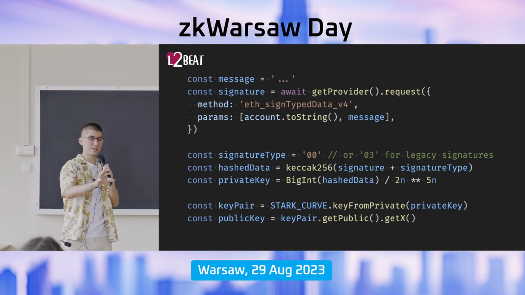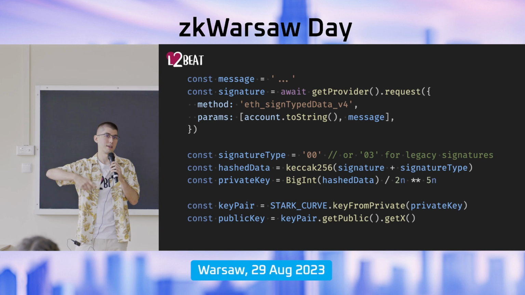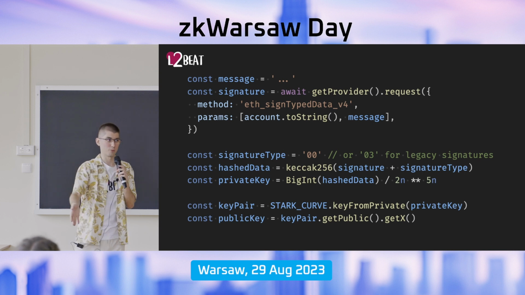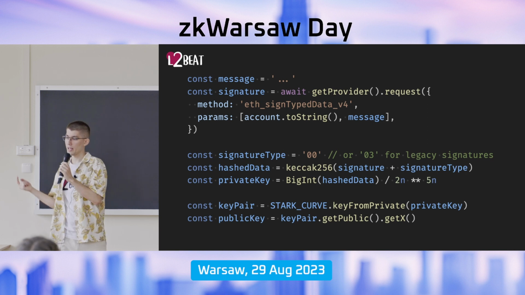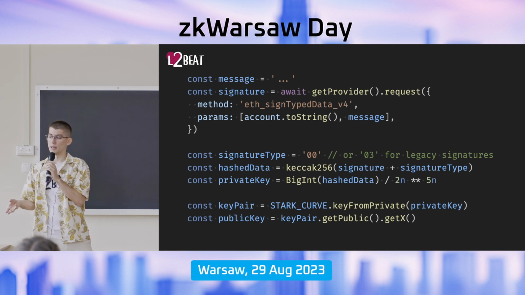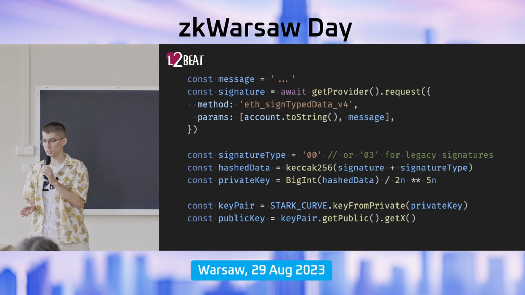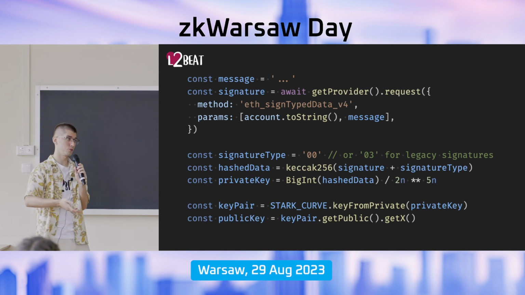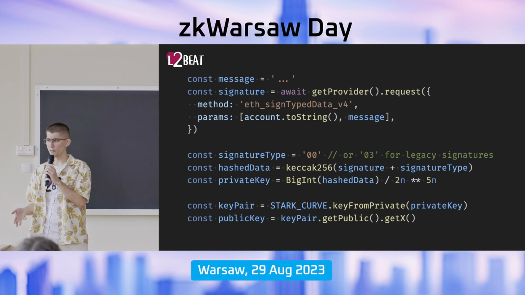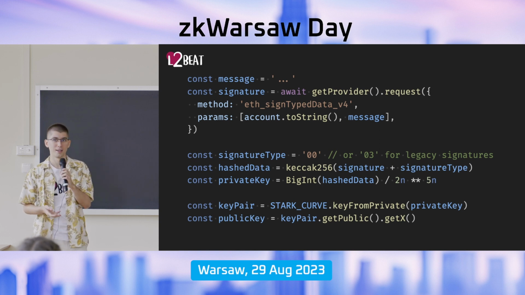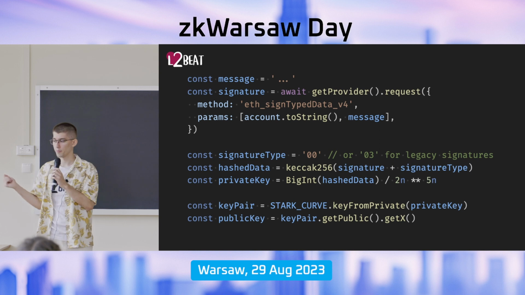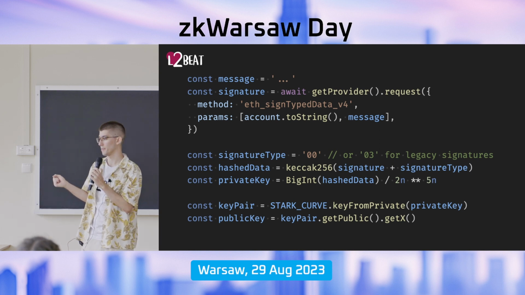Okay, so now we have the signature, we have appended 1 byte, a completely arbitrary byte, but it has to be the same one if we want to reuse this. And now we hash it. So we get the hashed signature and convert it to a big int, and offset it. I think it's a right shift, but I'm not going to commit to a bit shift by 5 in some direction.